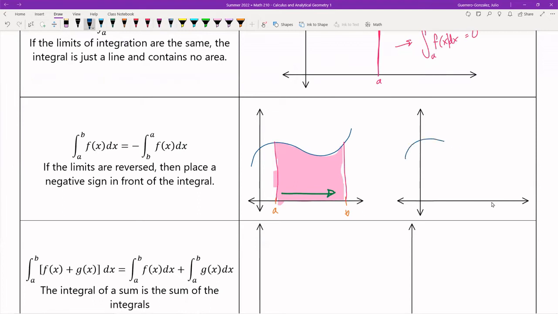This is the same function, and I'm going to do from a to b again, all of this same area in pink right here. If we go in the opposite direction, then we have to take the negative. So basically, if you go from a to b in the forward direction, that is equal to the negative area in the opposite direction. That's it.